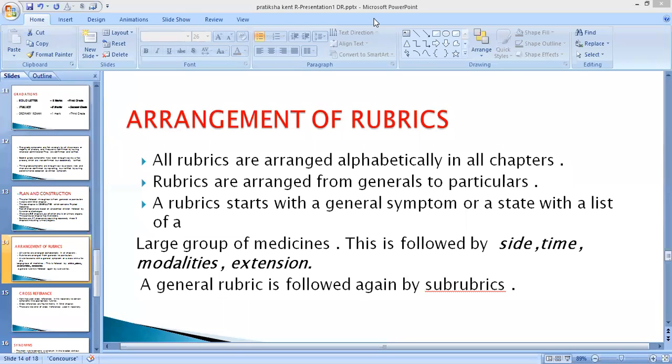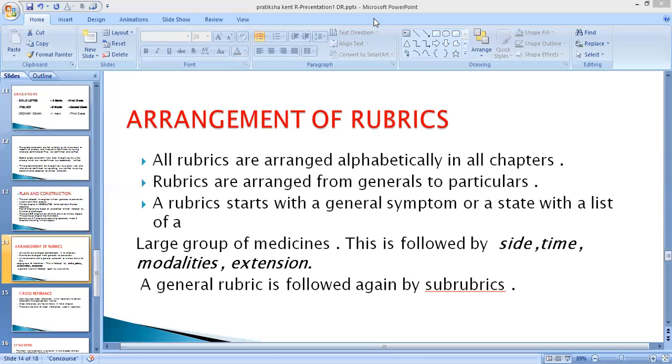Modalities include different factors which influence the symptoms and are arranged as elements alternating with modifying factors, aggravation and amelioration, including concomitants before, during, and after. So in this way, the modalities are also arranged in proper sequence.